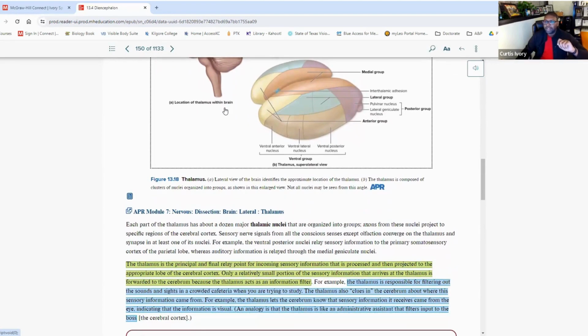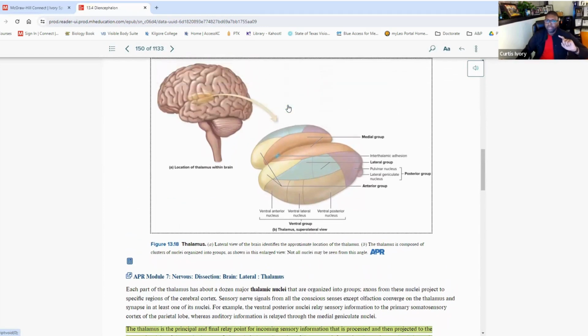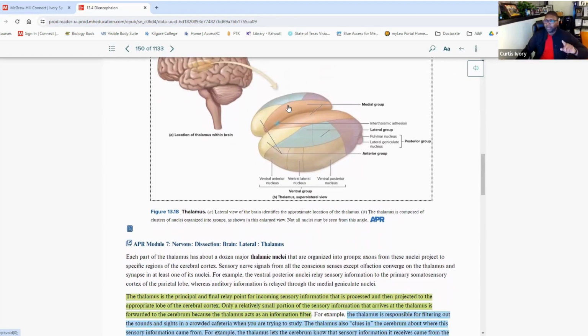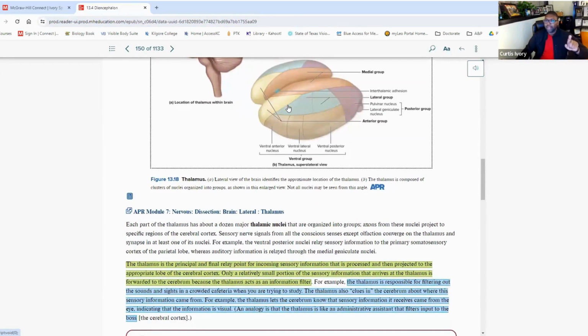Essentially, it's a relay station for the rest of your brain. This portion is going to tell different parts of your brain what is happening. Then it's going to send messages to the rest of your brain to tell your body what to do. So the thalamus has a really, really big duty when it comes to relaying sensory information.